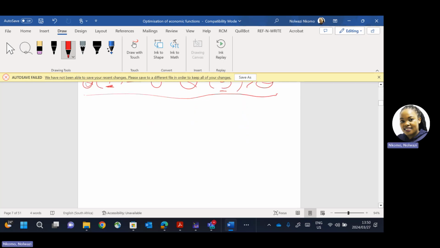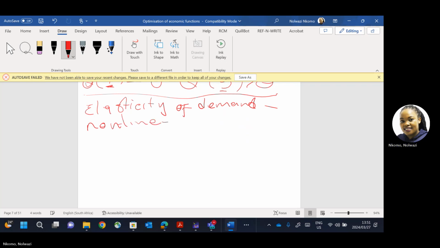Okay, this is the elasticity of demand, or the nonlinear demand function.